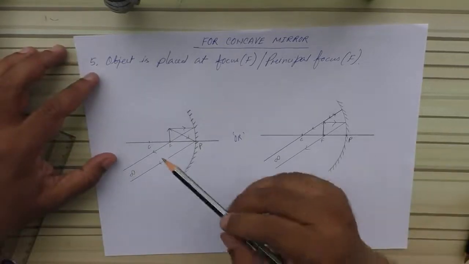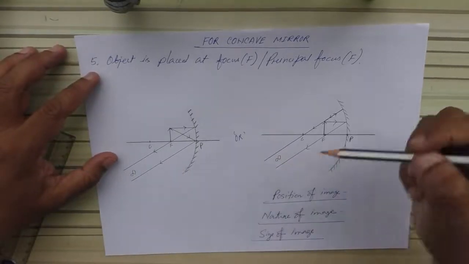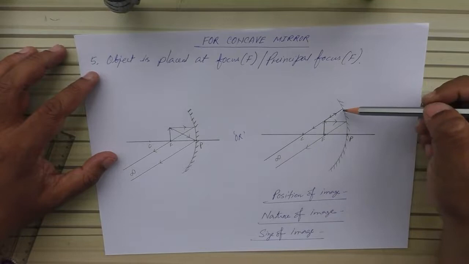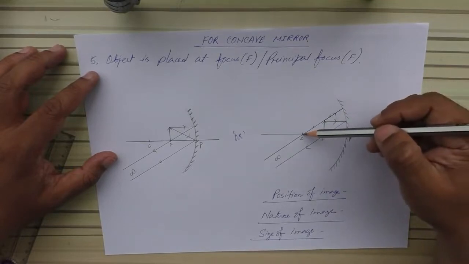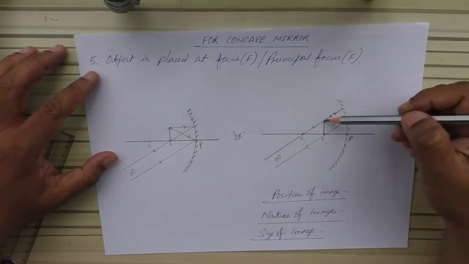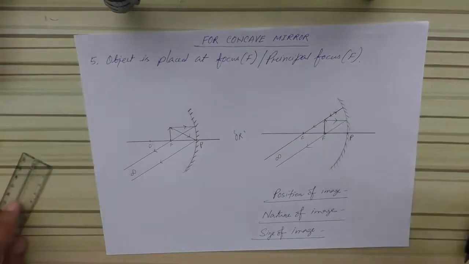So the first one is a bit convenient, and in the second one, there is normal incidence. You have to take care that the light ray should touch these 2 points.